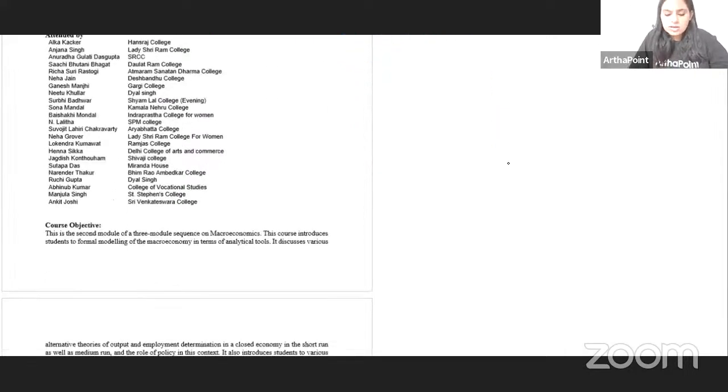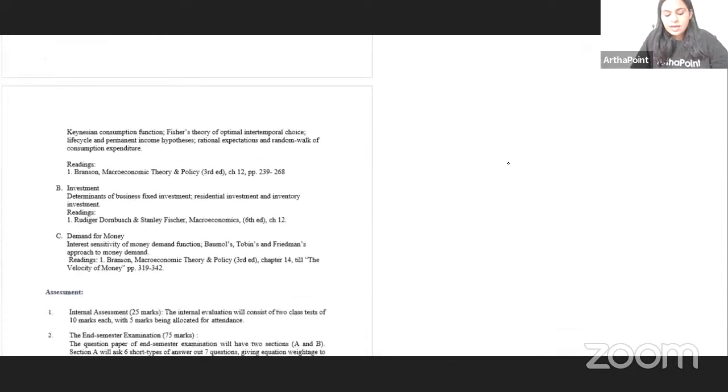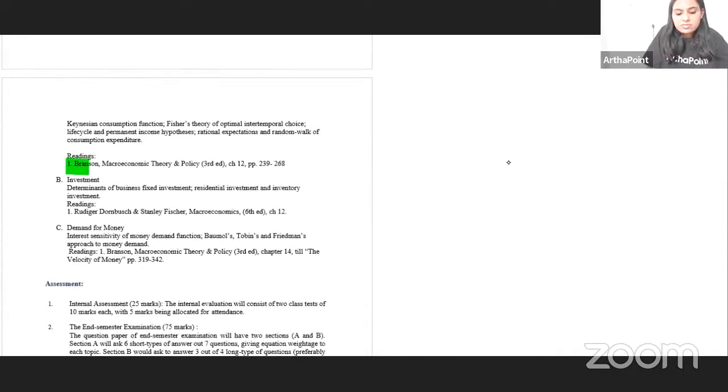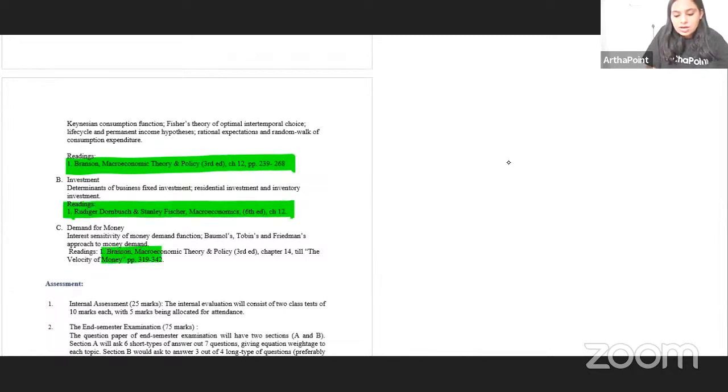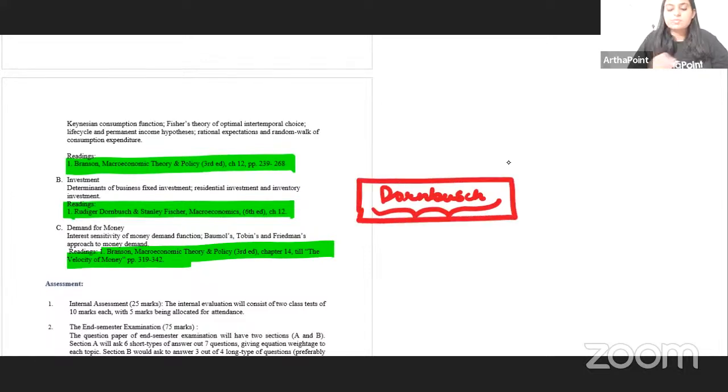More or less, these are the important readings, and the readings will remain the same. According to me, the most important book for macroeconomics throughout is Dornbusch.